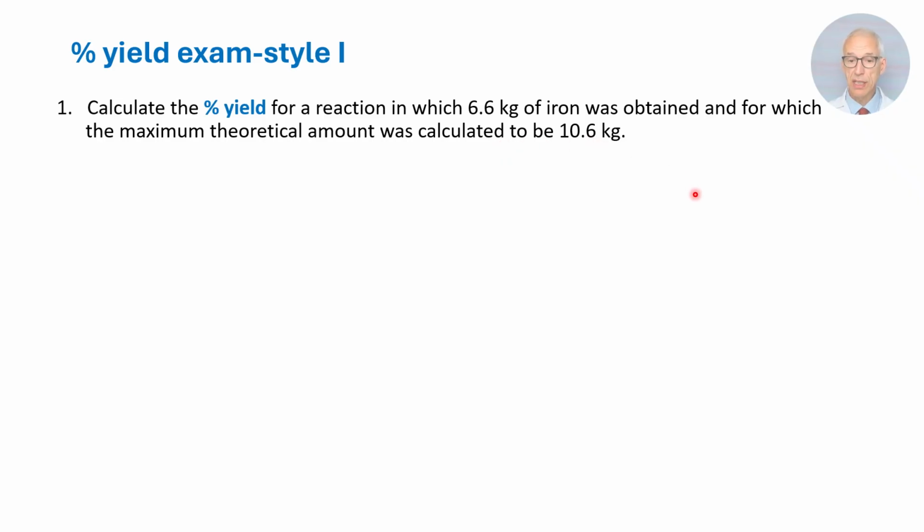Pause the lesson, calculate percentage yield, check your answer when you're ready. Okay, so percentage yield is actual divided by maximum theoretical times 100, 62.3.